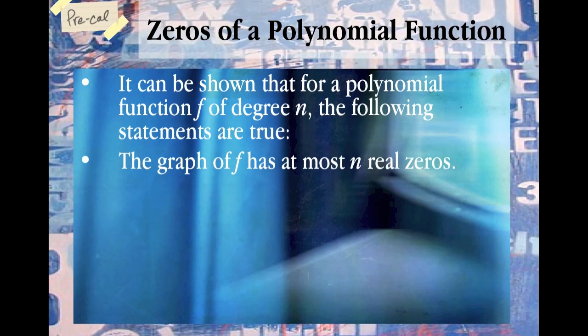If I know the degree of f of x, then I know that f of x has at most that many real zeros. Now, we're distinguishing between real and imaginary. Some of our solutions in this chapter are going to be imaginary zeros and real zeros. We're focused on the real zeros right now.